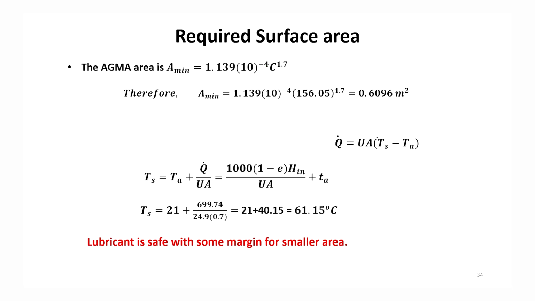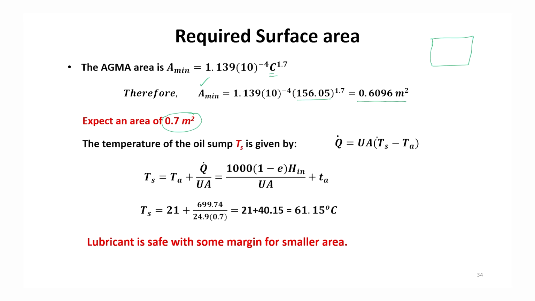So, substituting our C, which we have calculated as 156.05, the minimum lateral area required for transfer of heat is obtained as 0.6096 meter square. This is 0.6096, we have taken as 0.7 meter square lateral area.